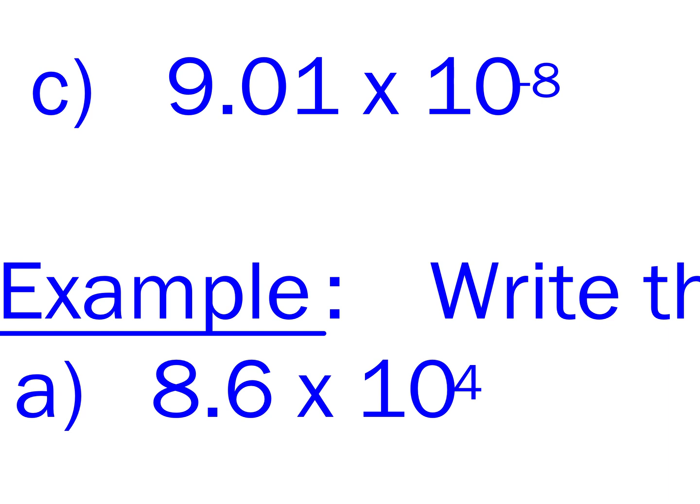So we have 9.01, and we're moving the decimal 8 spots to the left. 1 spot to the left, 2, 3, 4, 5, 6, 7, 8. Decimal going right there. How many zeros go between the decimal and the 9? 7. Very good.